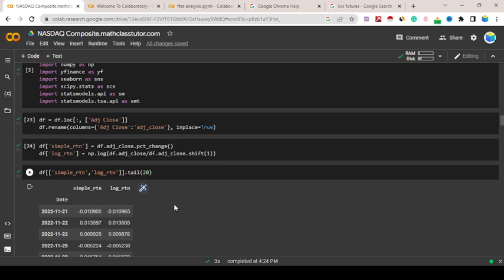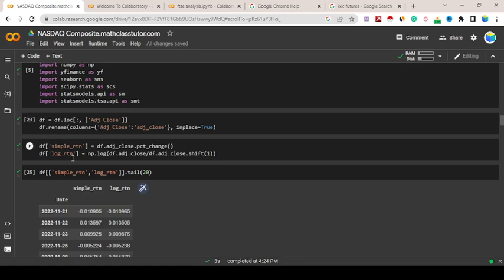For the df data frame, I need only the adjusted closing price, so I am using iloc with slicing, comma, adjusted closing price. So we are taking only the adjusted closing price, and you can rename it to adj_close like this one.